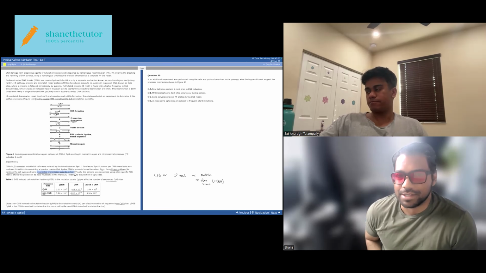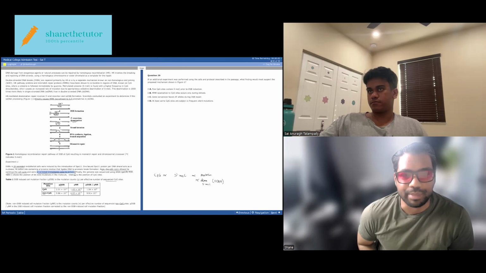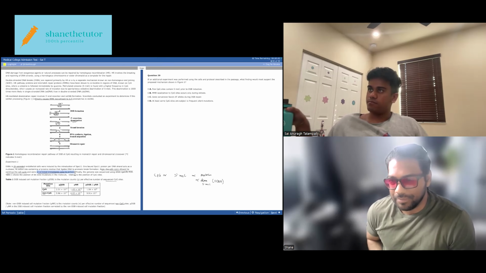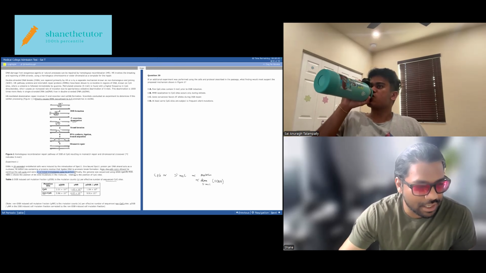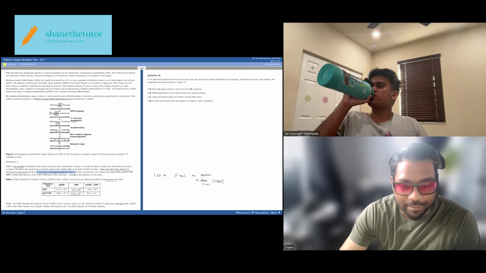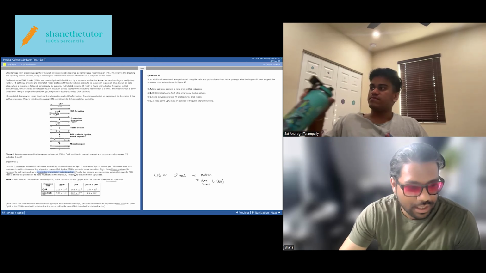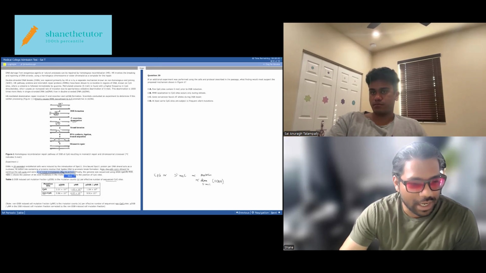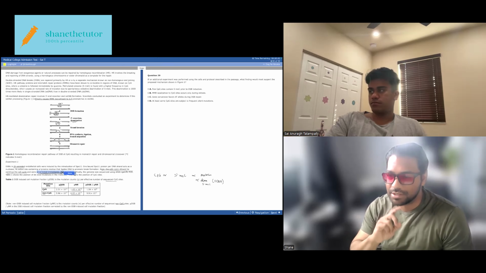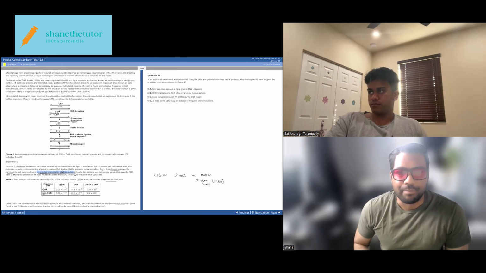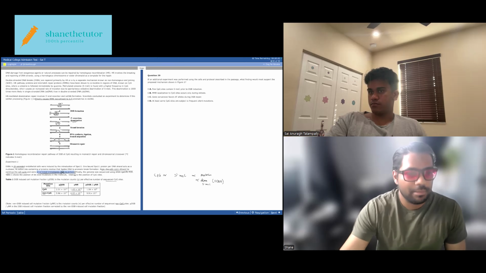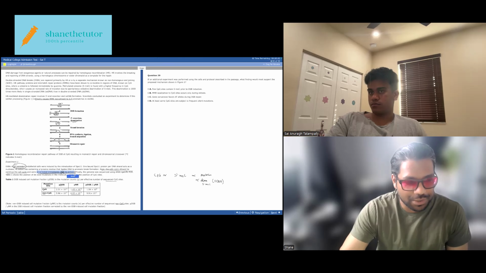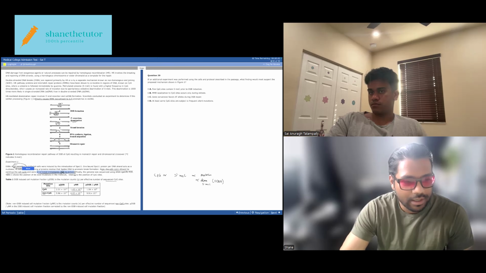Whereas, for instance, B says only during mitosis, right? Even if the passage said rearrested during mitosis, B would still be wrong, because we also have stuff happening at G1.